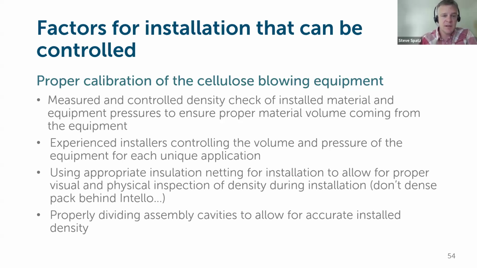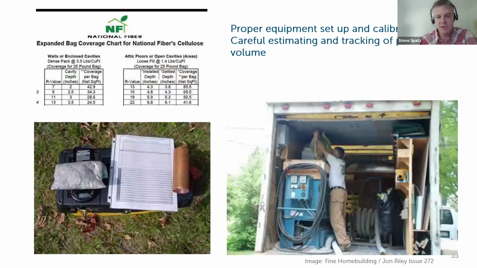So it does take calibrated equipment and an experienced installer and appropriate definition of different blocks of cavities in order to get this right. So you can't just blow cellulose into a whole wall system and effectively get it dense packed. You need to break those assemblies down into sections with netting and effectively pack each of those sections one at a time.